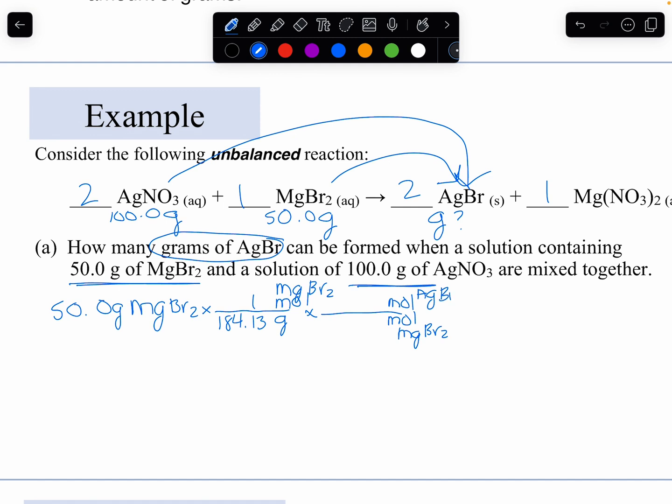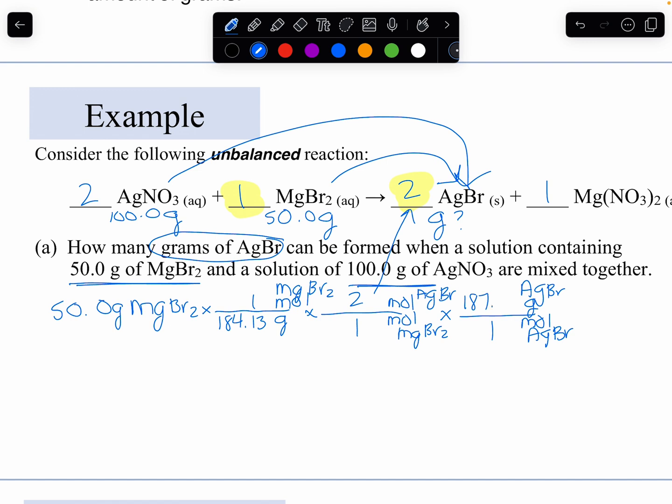Then we're going to dive into our mole ratio to what you're actually going to. So what we're going to is what the problem is asking. Now, where do I get these numbers? I get these numbers from my balanced equation. So I have the 2 in front of here and the 1 in front of here. Okay, so 2 because of that, and the 1 because of the other one I highlighted. And then we want to go to grams, because it's easier to compare in grams, and the problem is also asking for grams anyway.